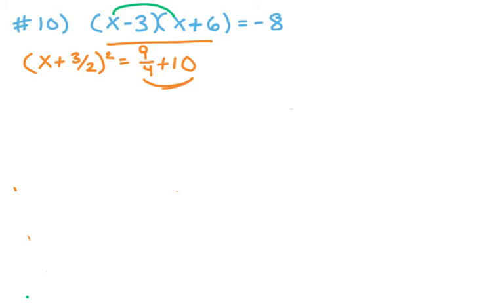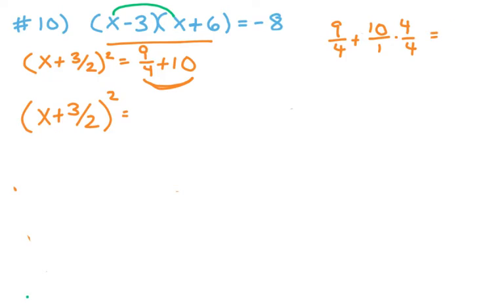We need to combine this. 9/4 plus 10. Well, we need a common denominator of 4. So multiply 10 by 4 over 4. This now looks like x plus 3/2 squared equals, well, this is 9 plus 40 over 4.